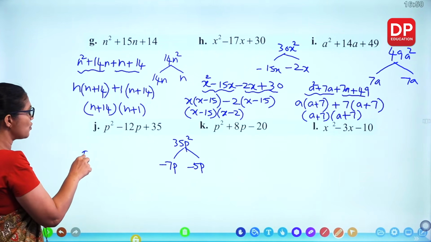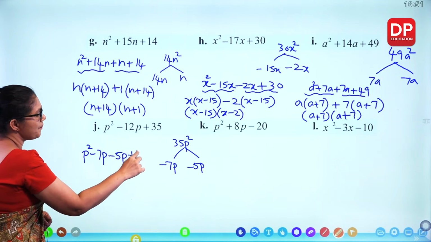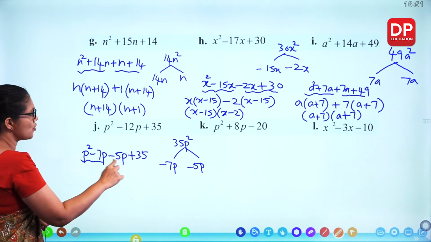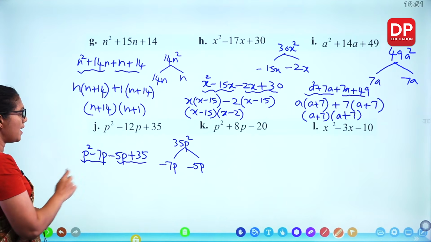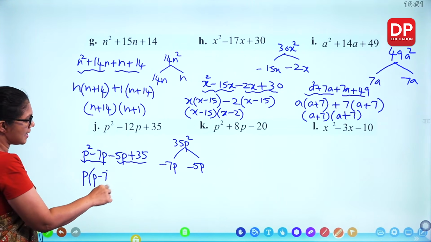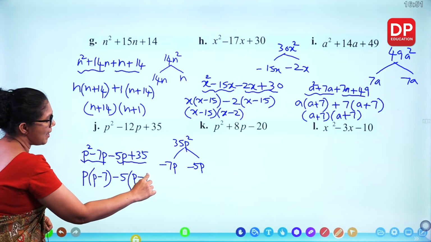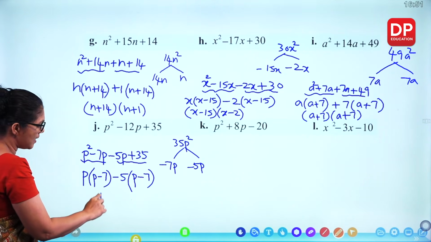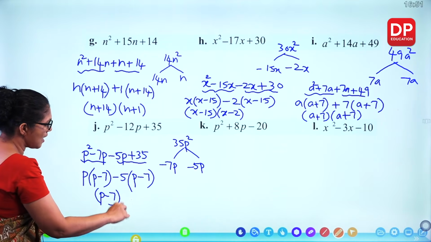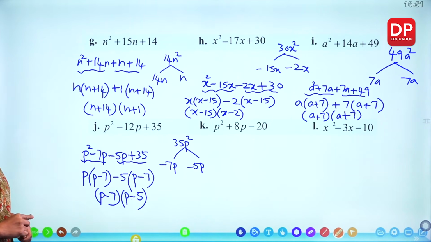Split the middle term to minus 7p and minus 5p, and then take first two separately, last two separately. P is common, take it out, you get p minus 7. Minus 5 is common, take it out, p minus 7. Now p minus 7 is common, take it out, and the remaining one is p minus 5.